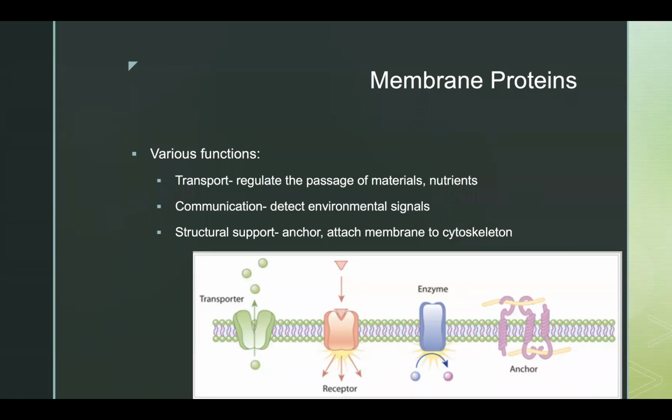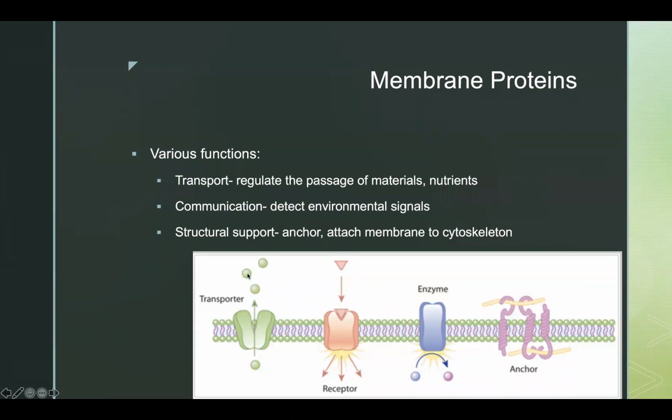If we look at this image that I have here, we're representing some of the functions of the membrane proteins. Transport: again, these membrane-embedded proteins can function as channels or gateways for us to transport larger organic and inorganic substances across this membrane. This part right here represents our lipid bilayer, and these are various types of proteins that can be embedded.